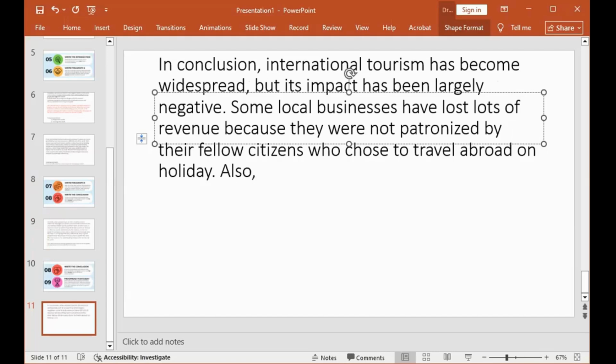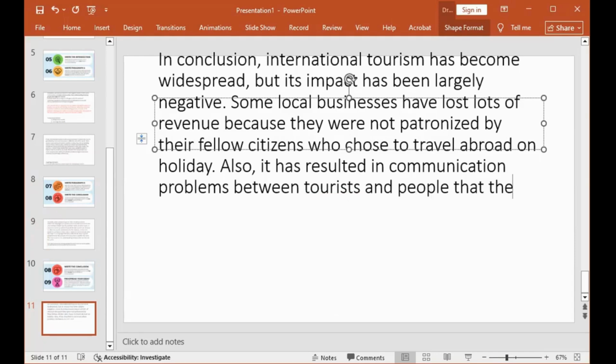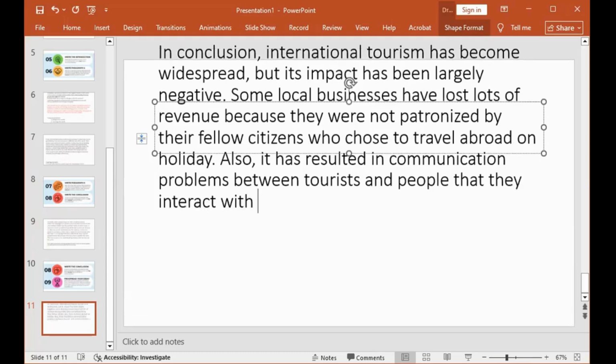Also, it has resulted in communication problems between tourists and the people they interact with at the tourist sites.